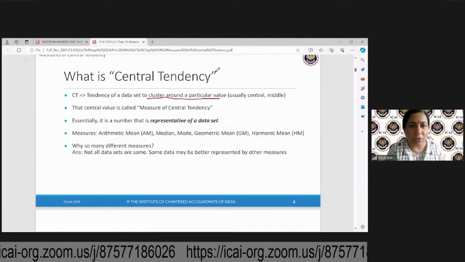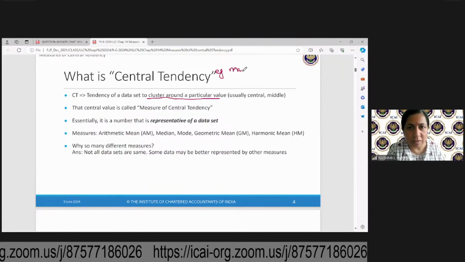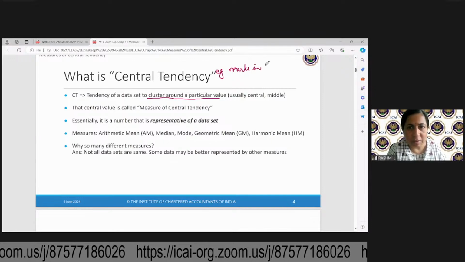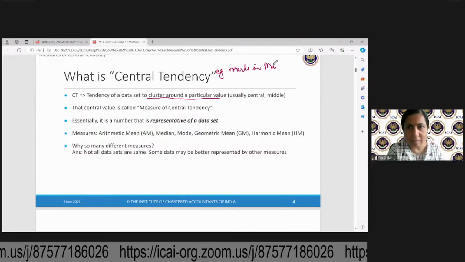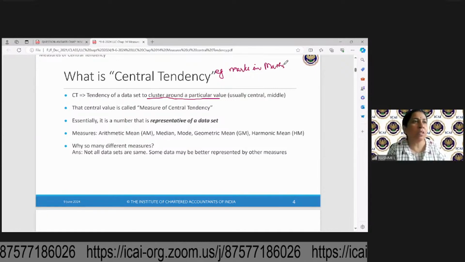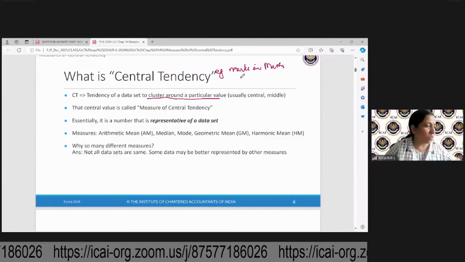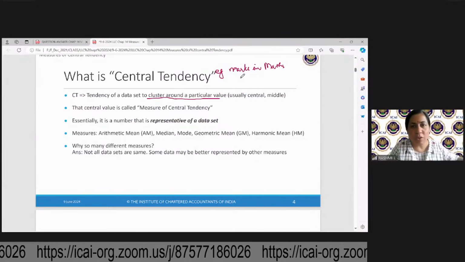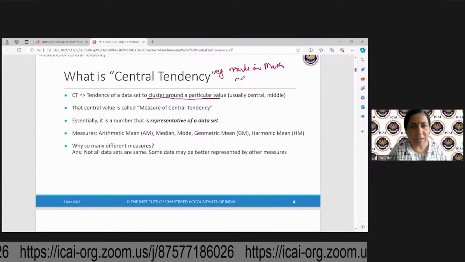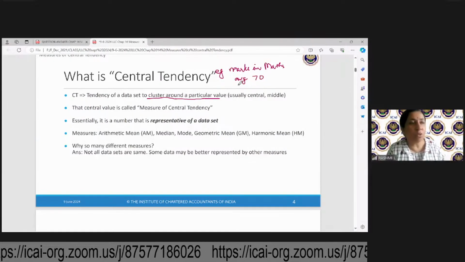For example, you have marks in mathematics. The teacher will say, see, average, all of you have done well. So maybe the average marks is 70. But there will be some students who have not done well.